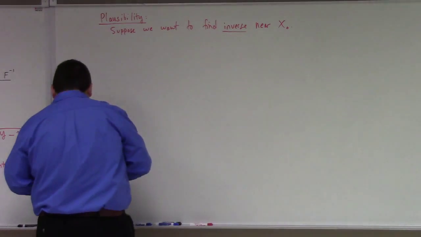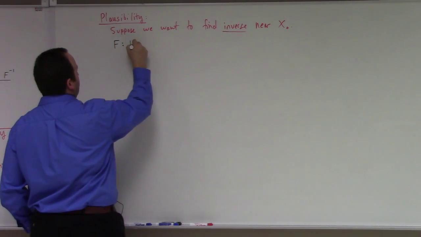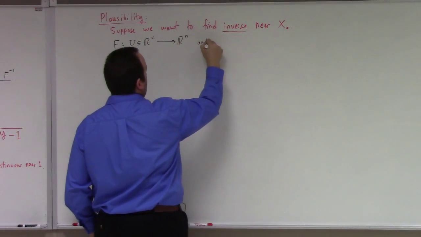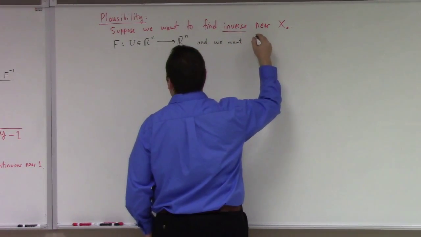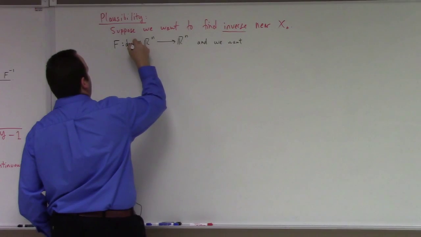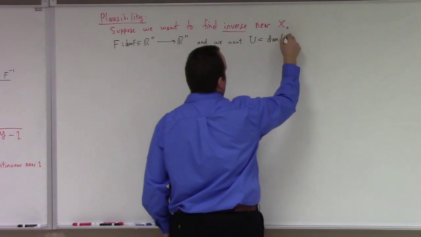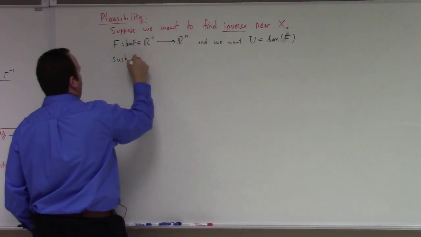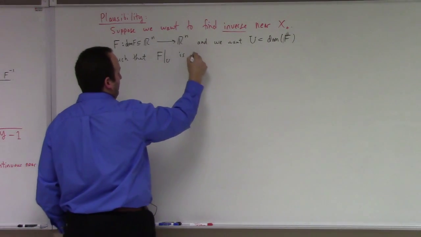So again, we're looking at f going from some subset of Rn to Rn, and we want to find U, a subset of the domain of f, such that, if we take f and restrict to that set, then this is invertible.